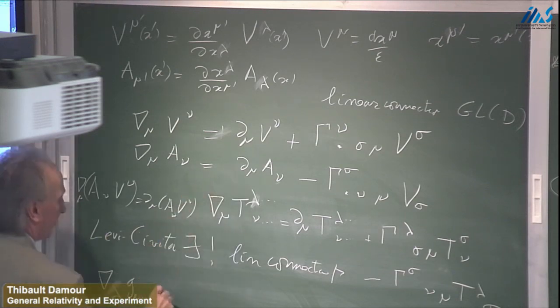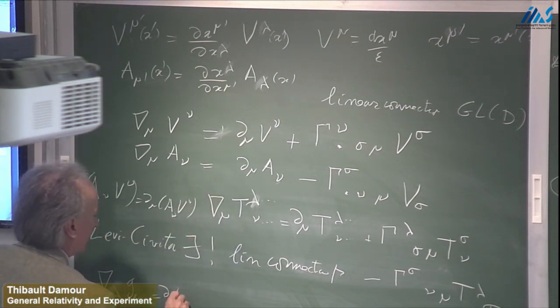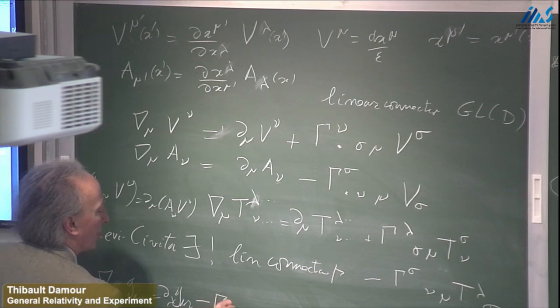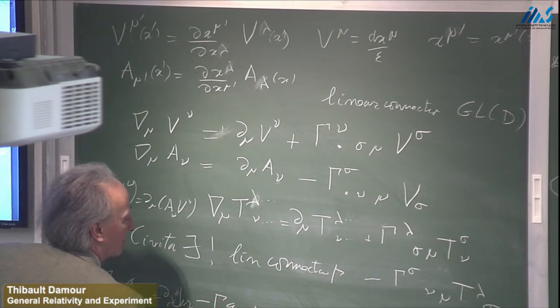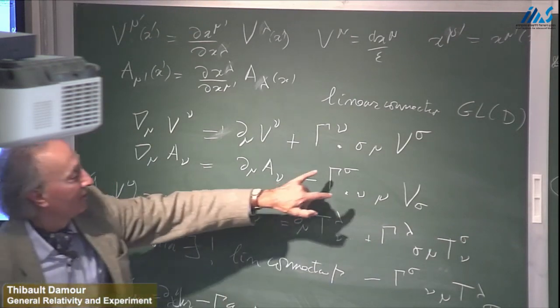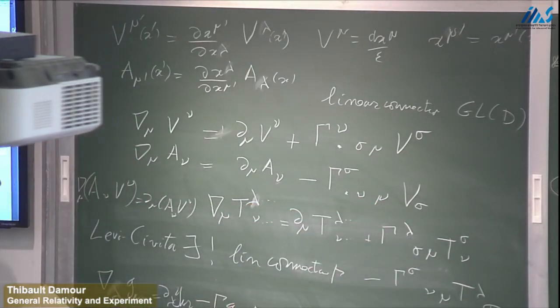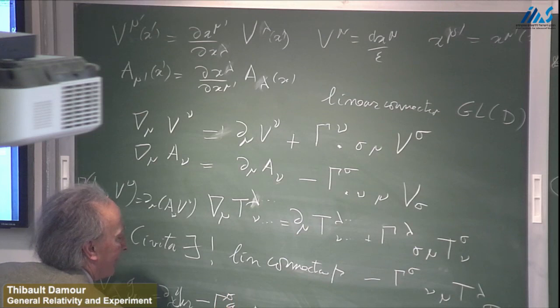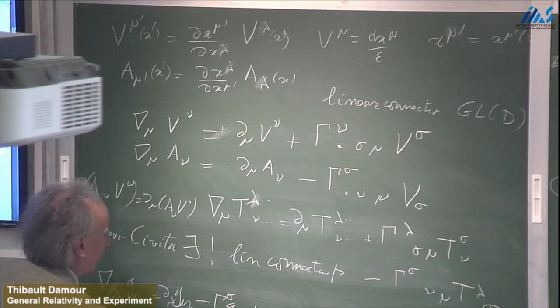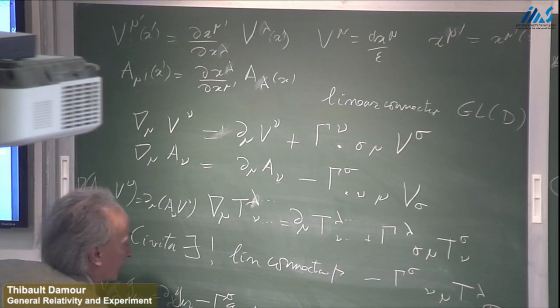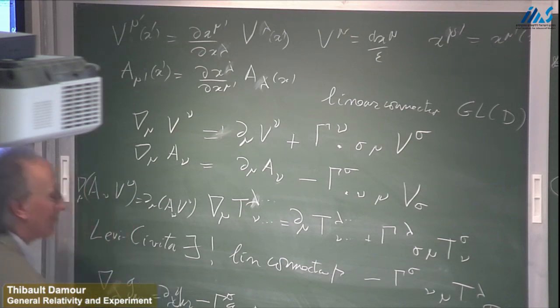It will be equal to the ordinary derivative of this minus 2 terms with gamma. Okay, I let you write the indices. You just copy these things with putting indices in the good places. Like, for instance, the first one, I have a sigma here, a nu. Then I have a mu, and the differentiation index will be here.